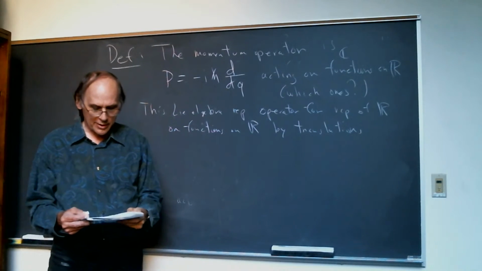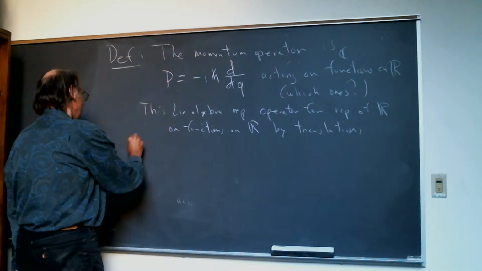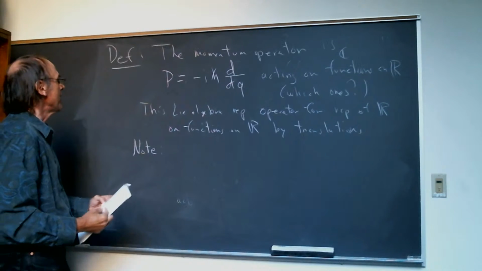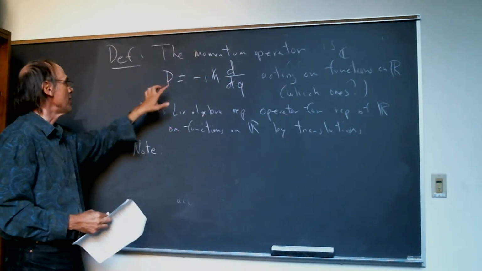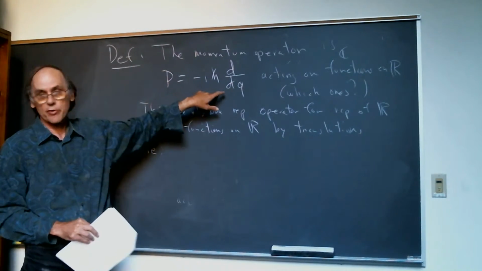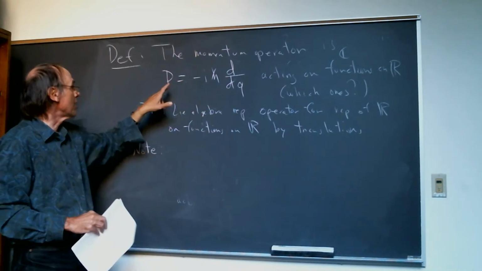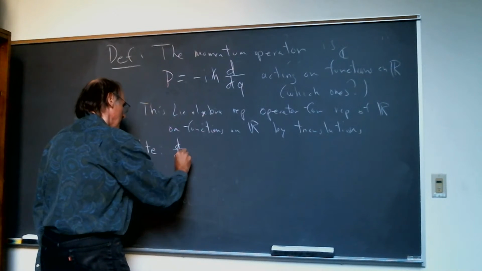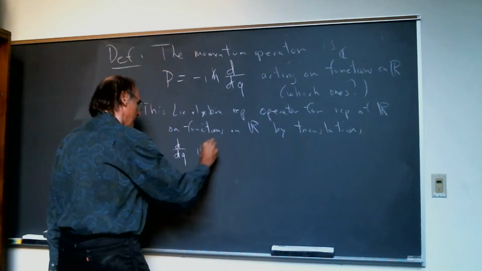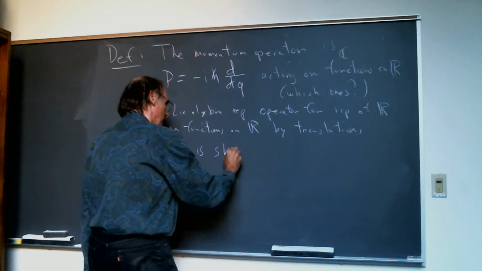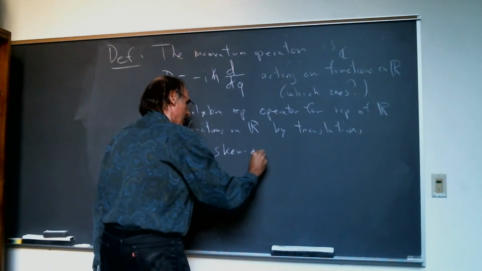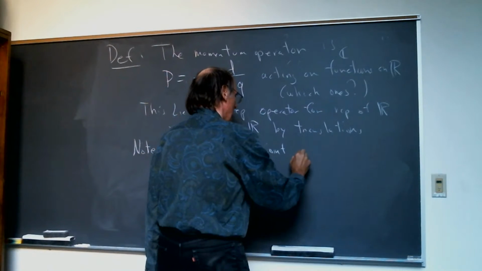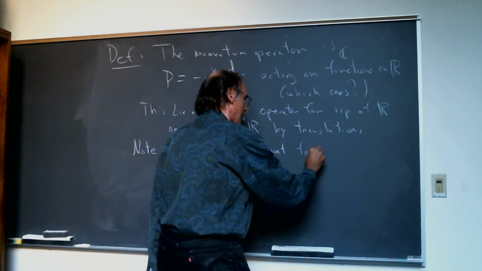Oh, and one thing to notice is that the reason for the i is that d/dq is skew adjoint for the usual inner product.